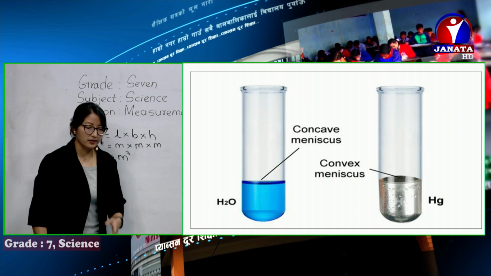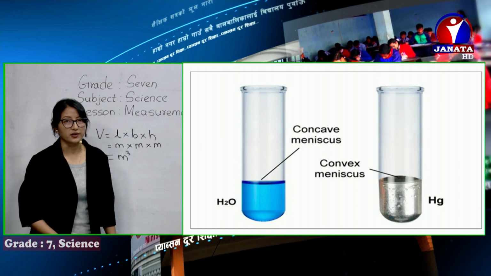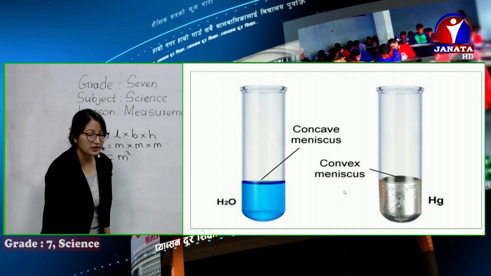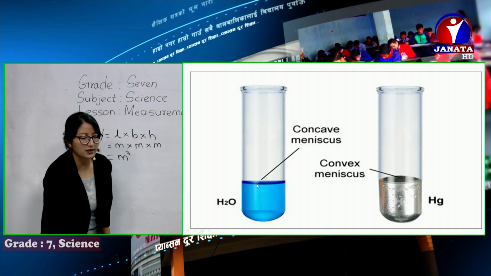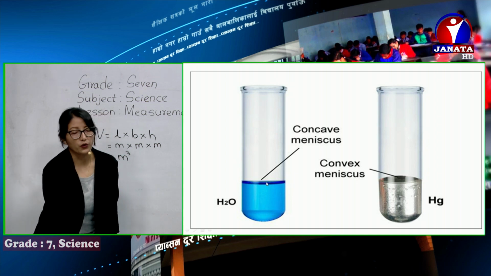Most often liquids like water show a concave meniscus like this. It's the upward curve. Yes, this meniscus we have to record when we are measuring the volume of the liquid.